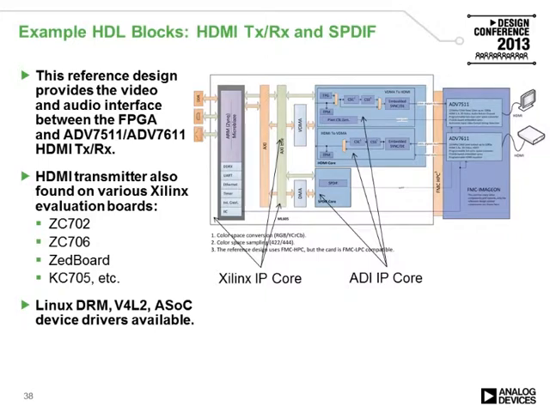This reference design provides the audio and video interface between the FPGA and our ADV7511 and ADV7611 HDMI transmitter and receivers. A frame buffer typically uses an RGB 888 color space, while the HDMI transmitter expects a 16-bit YCbCr 4:4:4 stream.